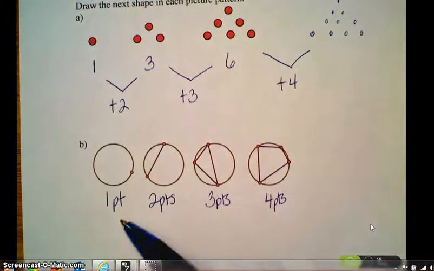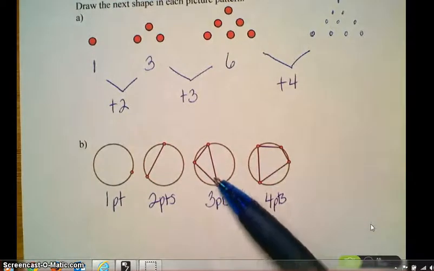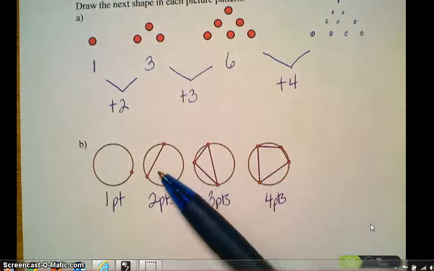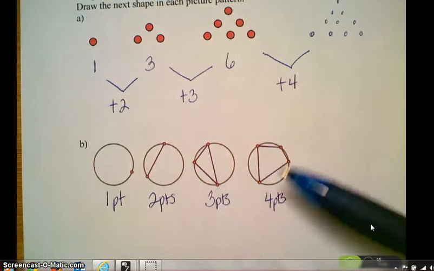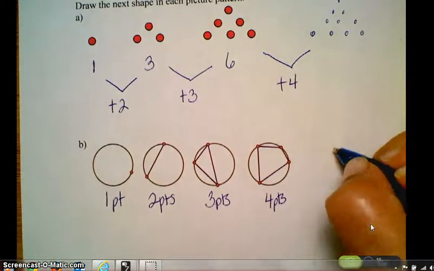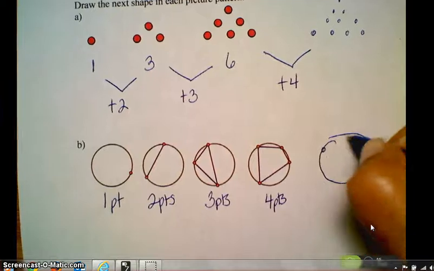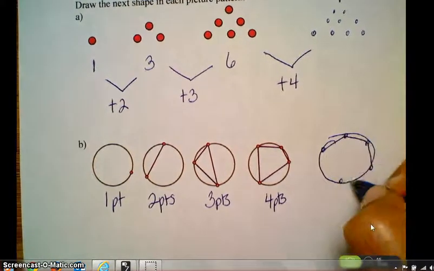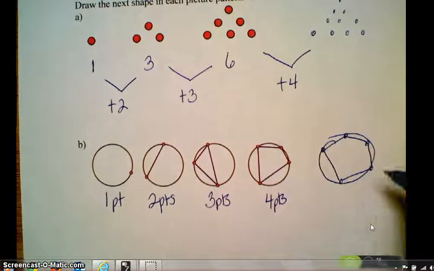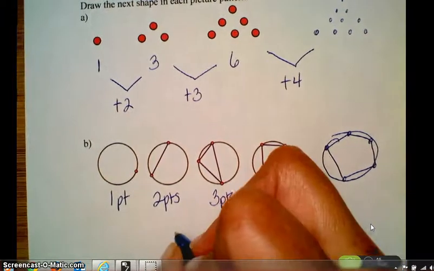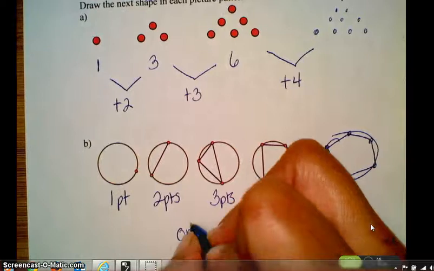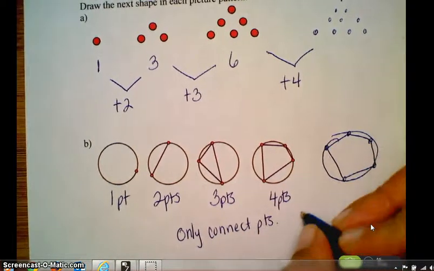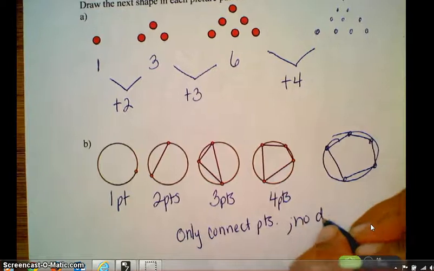You'll also notice that in each picture as we add a point, we draw the segments connecting them, creating a triangle and then a quadrilateral, and so our next picture will be, as you probably already have drawn, 5 dots and a pentagon connecting them. Okay, so only connect the points. No diagonals.